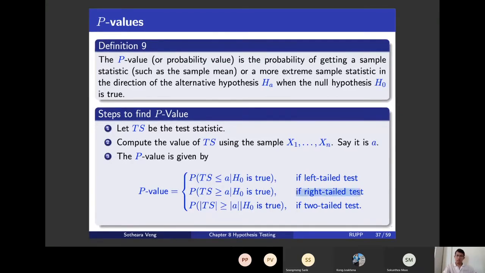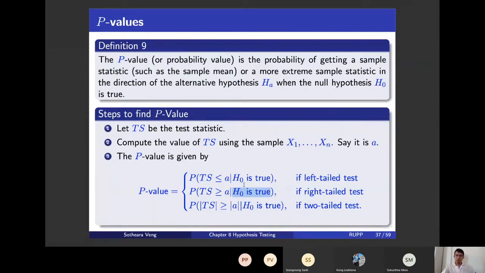The p-value is the probability that the test statistic is greater than the test value, I mean the area corresponding to the test value, given that the null hypothesis is true.